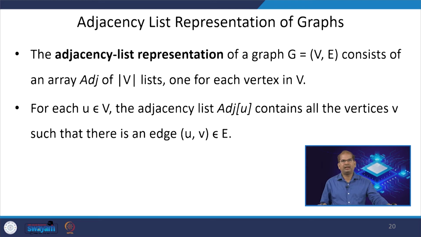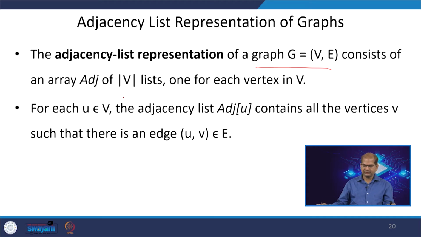So, what is the adjacency list representation? I have a graph G(V, E) which consists of an array of |V| lists, one for each vertex in V. So, for each u belonging to V, we need to create an adjacency list of the nodes connected to that vertex.